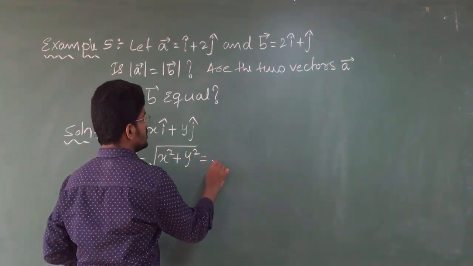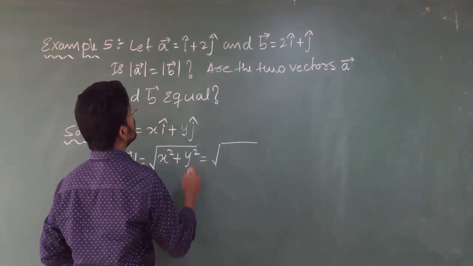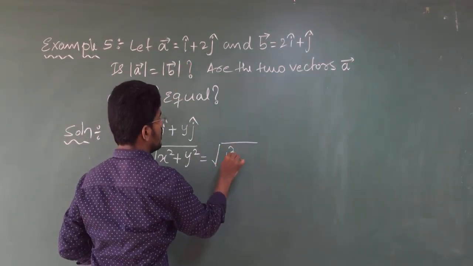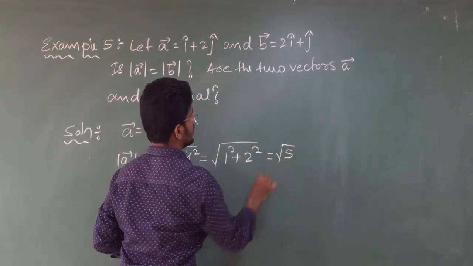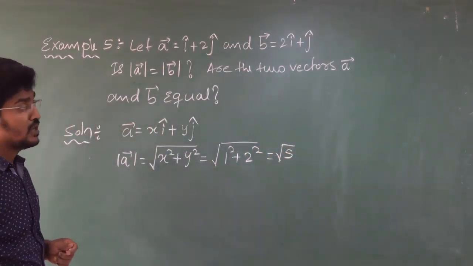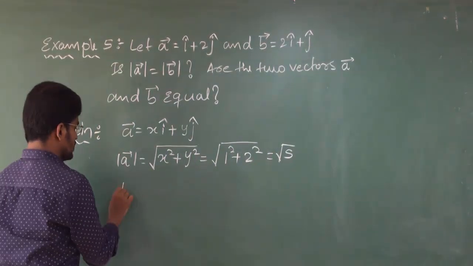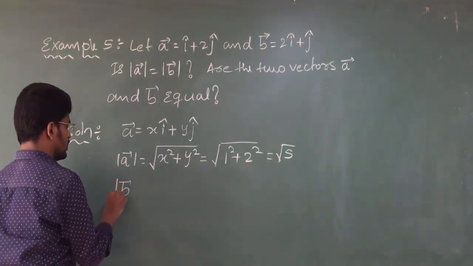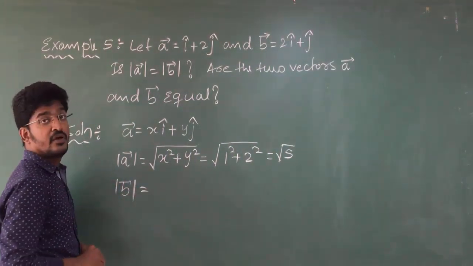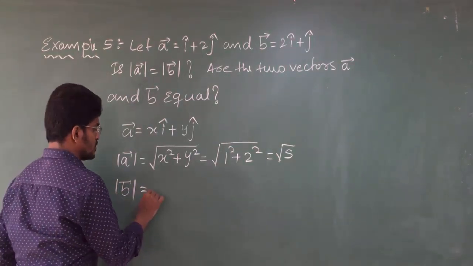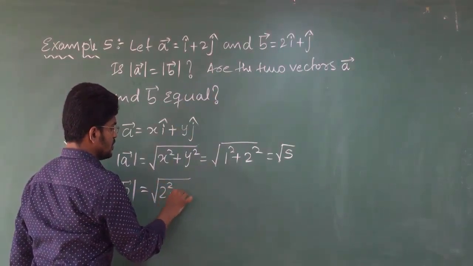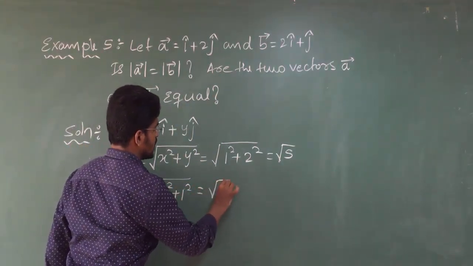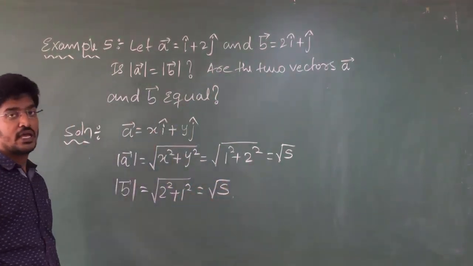So that will be equal to square root of 1 square plus 2 square, that is root 5. Now I will calculate magnitude of vector b. Magnitude of vector b will be equal to, again, square root of x square, which is 2 square, plus y square, which is 1 square, so that is root 5.